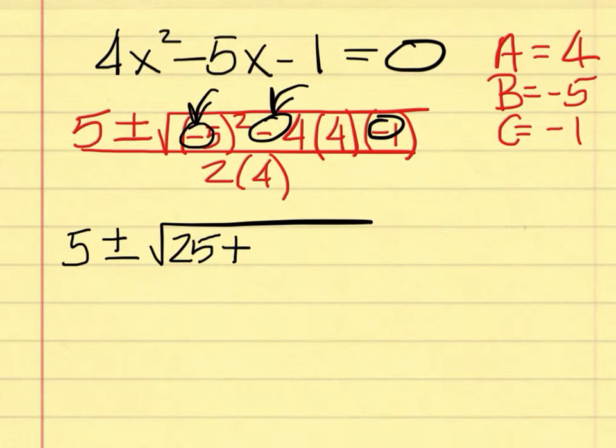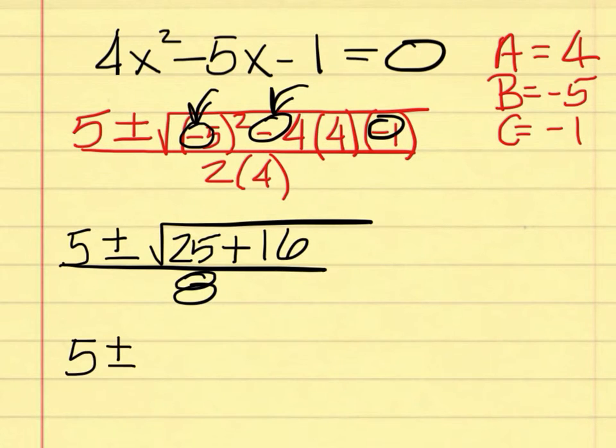All right, so what do I write next as we reset the sticks here? Sprague. 16, yeah. 4 times 4 times 1 is 16, and on the bottom I will have an 8. So I need 5 plus or minus the square root of what?